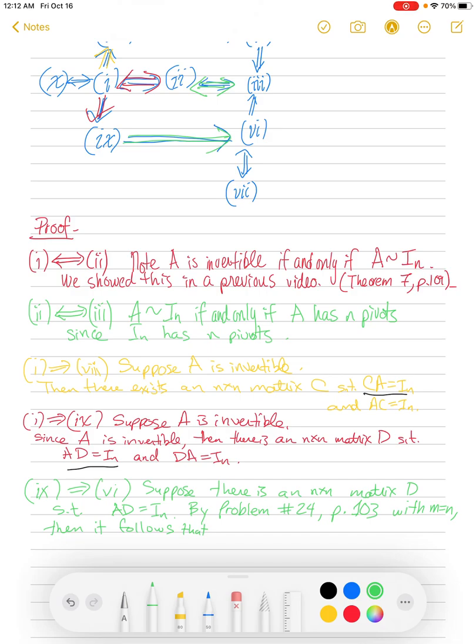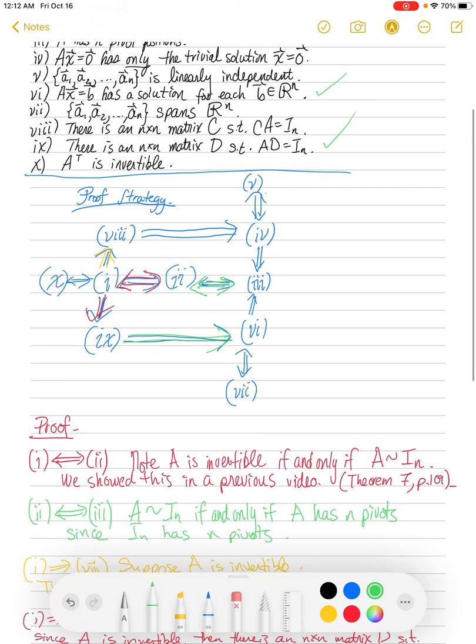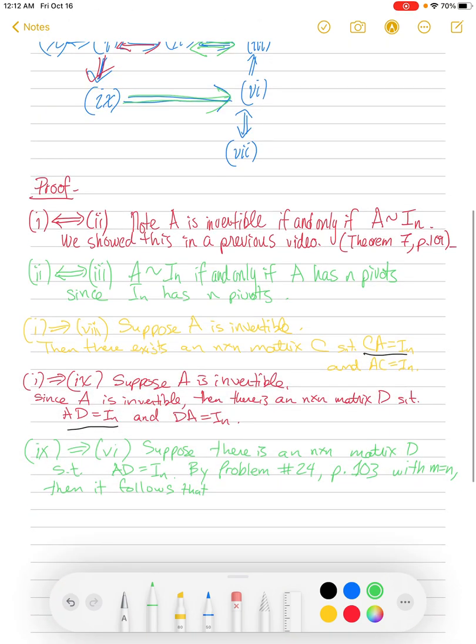What does it follow that? Well, number 6 follows. AX equals B has a solution for each vector B in Rn.